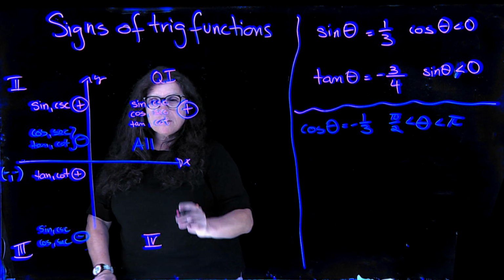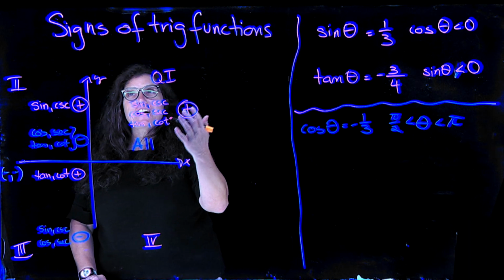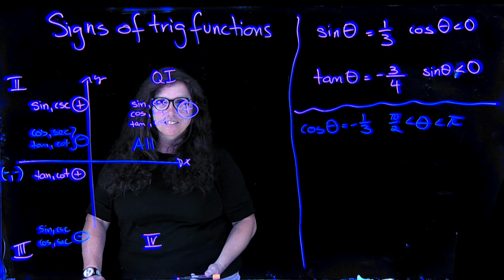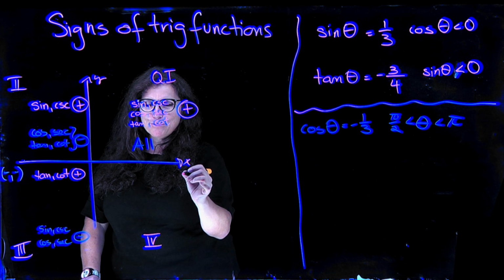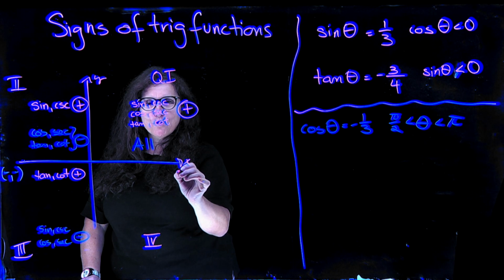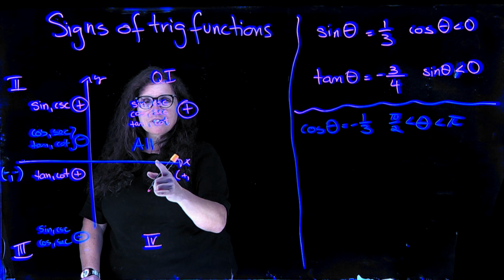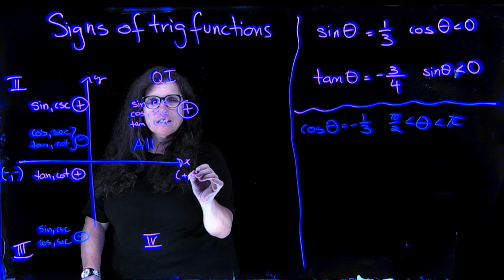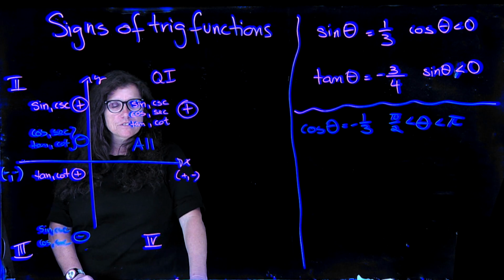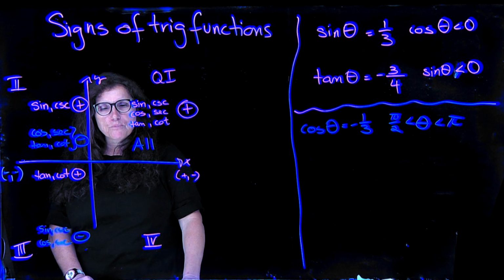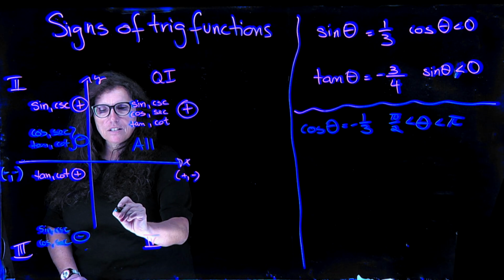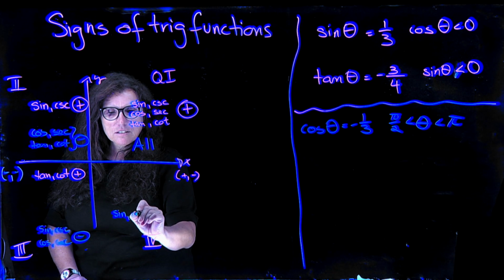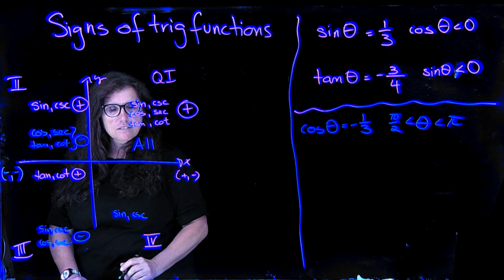Now, the sine, not the sign as in S-I-G-N, oh, sine. The sine situation in quadrant 4 is positive on the x-coordinate, negative on the y-coordinate. So negative on the y-coordinate, well, what does that mean? That means that the sine and the cosecant are negative.